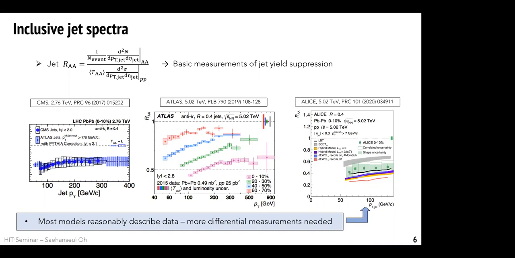In particular, on the last slide, these green markers are from ALICE, and the other colored bands are from calculations. Most models reasonably describe the data, but if you want to distinguish models, we probably need more differential measurements.